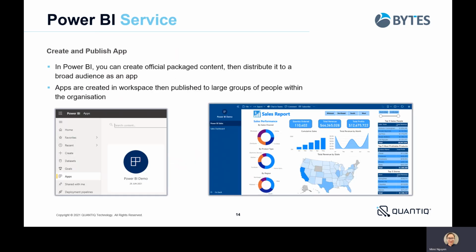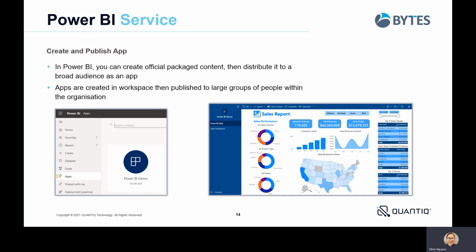The next thing about Power BI service is creating an app. In Power BI, you can create an official package of content and then distribute it to a broad audience as an app. So you create a workspace and then you add a number of reports and dashboards to that workspace. And once the workspace is created, you're going to publish it as an app.